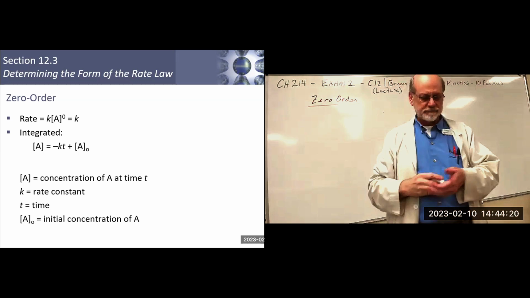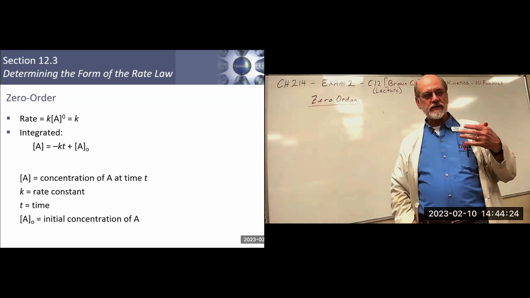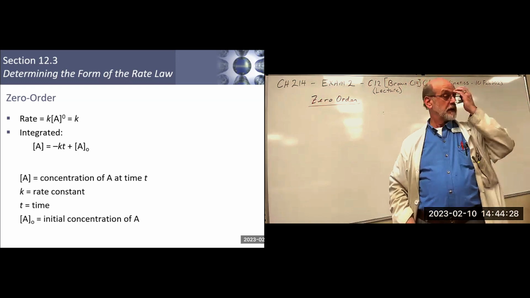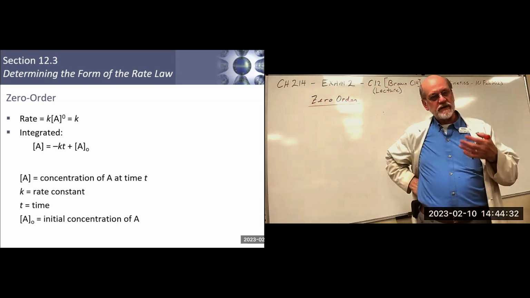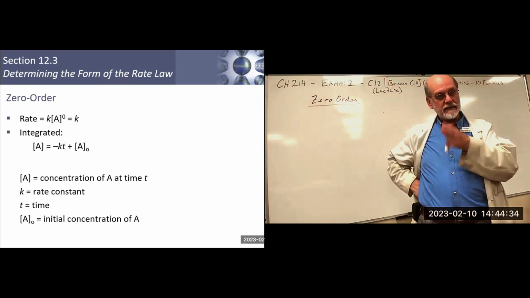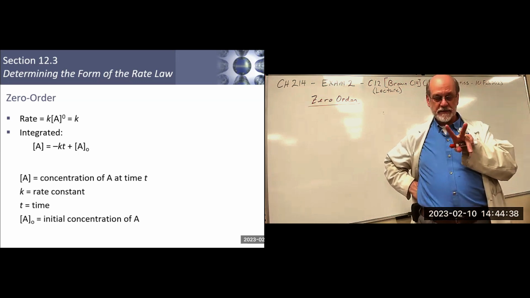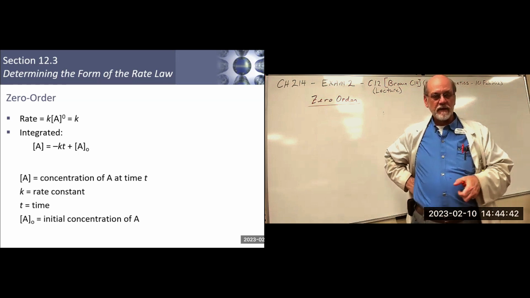Now, I will say, as a caveat, when you actually do these experiments, and the one we're going to do next week will probably bear me out, when you do these experiments and determine the order of each reactant in the process, and our experiment's going to have 2 reactants, right? And I'll talk about how we get around that in just a minute.